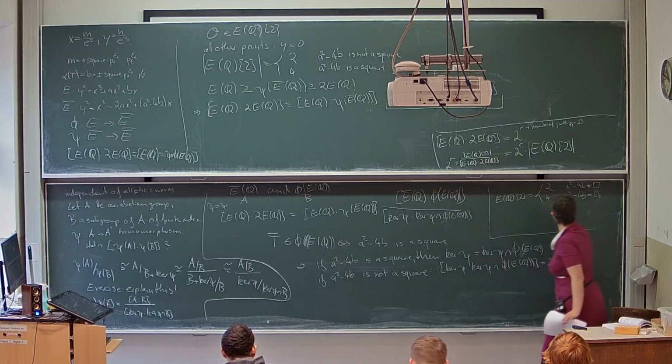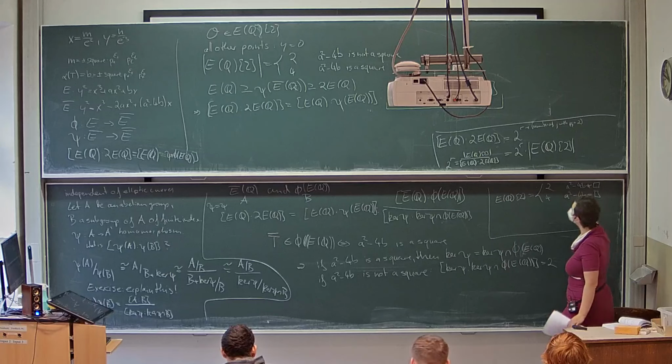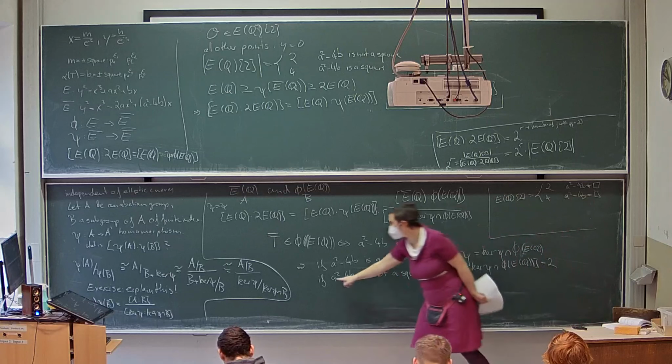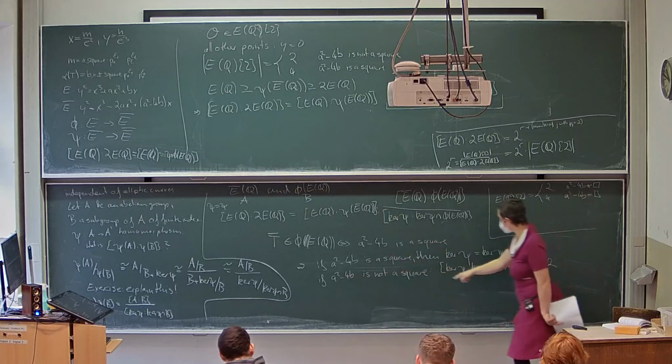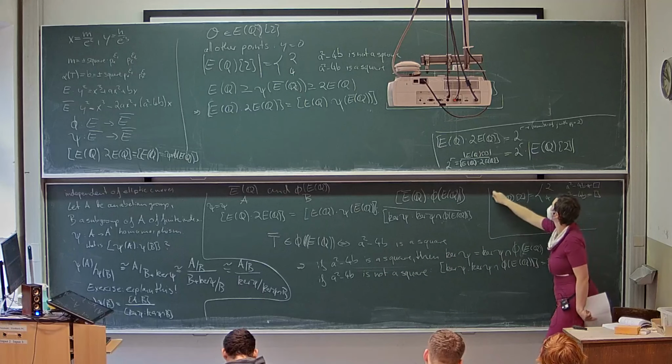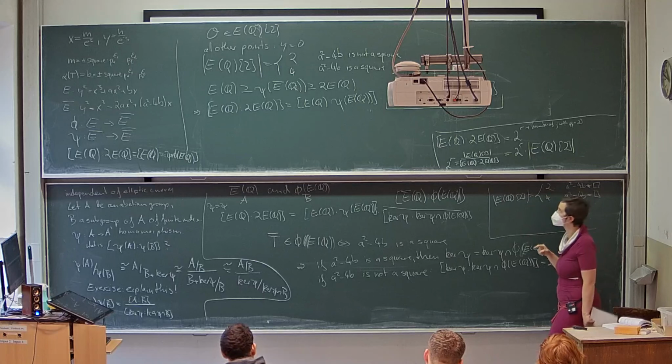And in the numerator we have, if it is a square, then this is 4. And if a squared minus 4b is not a square, then this index is 2, and this size is 2. So again, the product is 4.